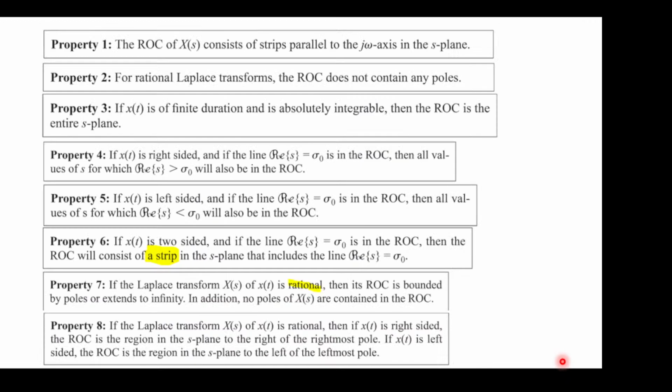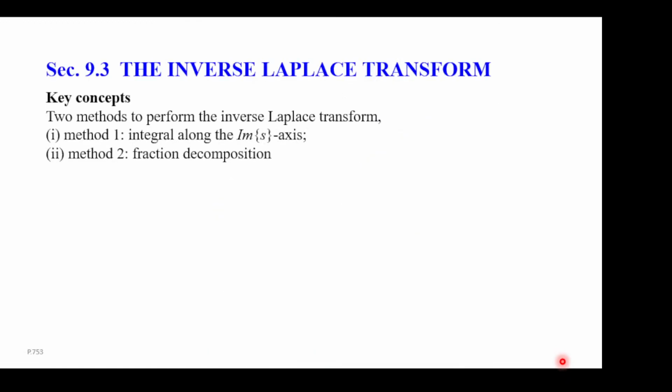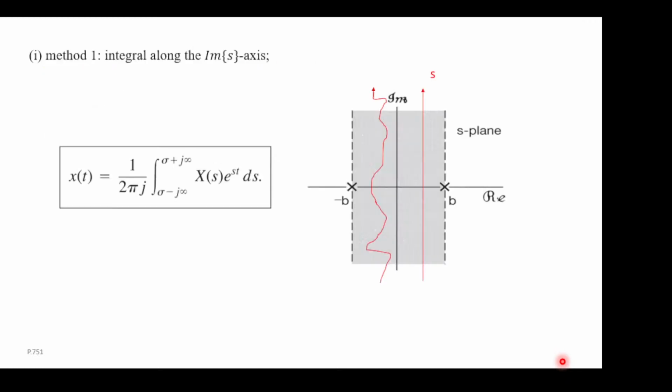No. Yeah, then we talk about inverse Laplace transform. So there are two ways to do inverse Laplace transform, and the first one is most general, where you can do a contour integral inside your ROC from minus infinity omega to plus infinity omega.